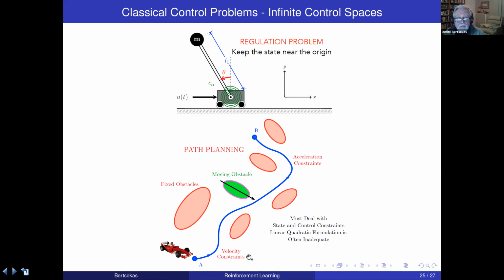It cannot run too slow in some places, or too fast because it will get out of the track. There may be acceleration constraints, and there may be obstacles, like it has to stay on the road. And there may be moving obstacles also, something that's particularly vexing and requires online replanning, right? And there are these constraints, state constraints and control constraints.